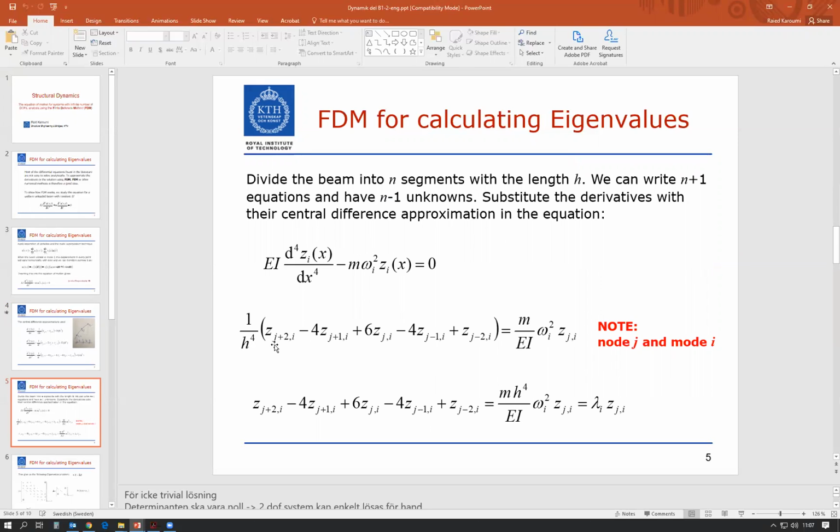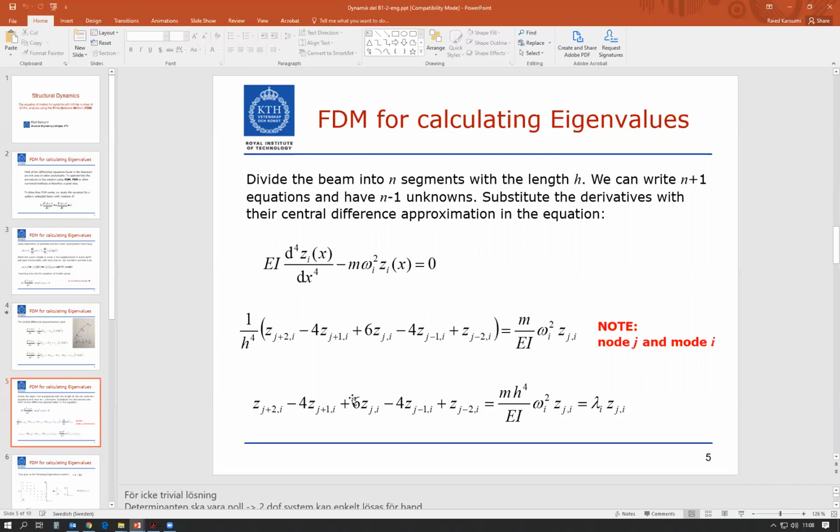Now remember here, the i is the mode number, and the j is the point number, or the node number along the beam. This is the same equation, I have just multiplied this side with the step size sigma to the power of 4.